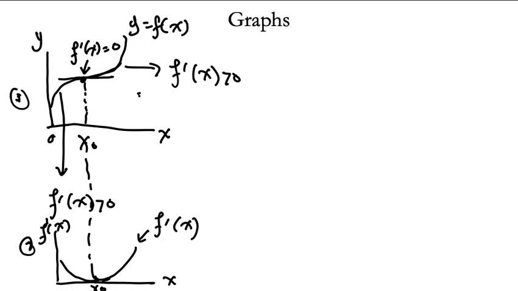Okay, now let's look at the second graph. The second graph here, so let's say we have something like this. At this particular point, we can draw one line that passes through this point.